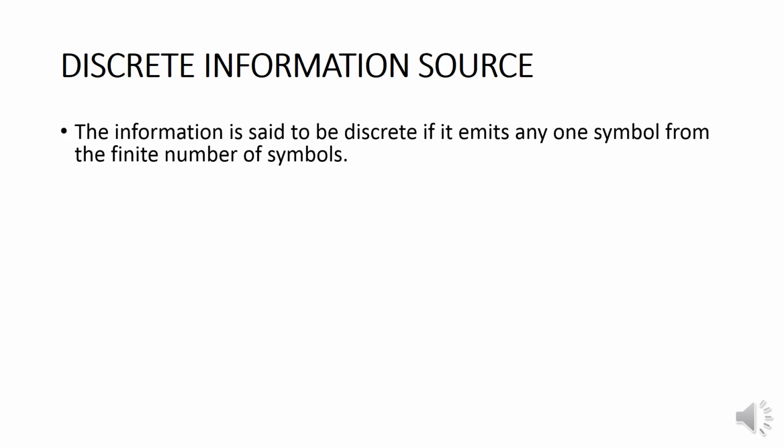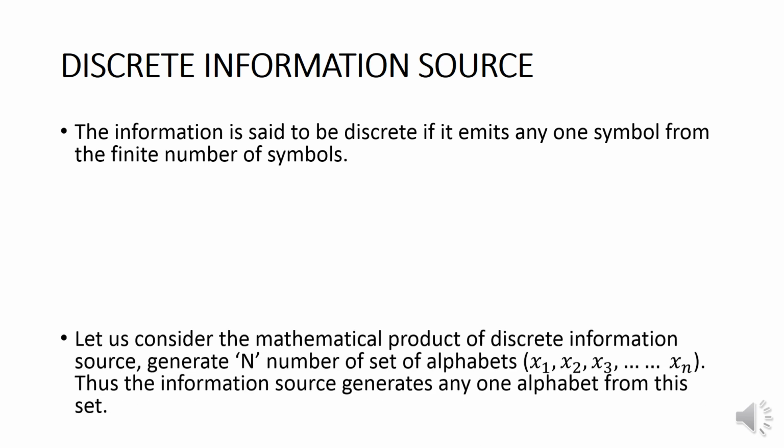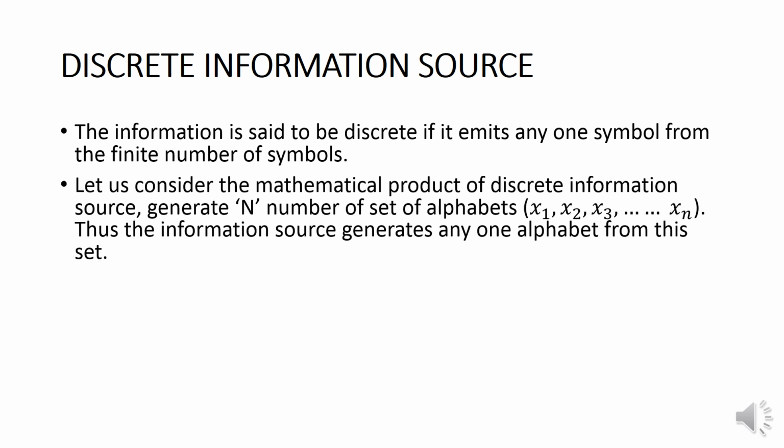Discrete information source. The information source is said to be discrete if it emits any one symbol from a finite number of symbols. Let us consider the mathematical model of a discrete information source. It generates n alphabets, that is x1, x2, x3 and so on up to xn. Thus the information source generates any one alphabet from this set.